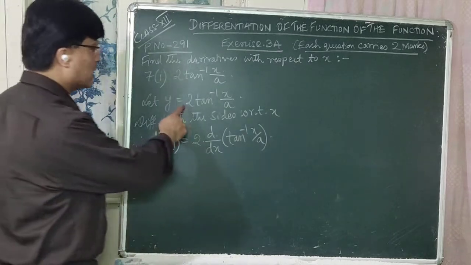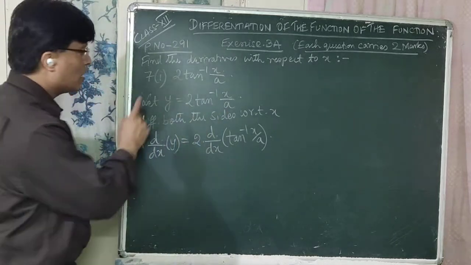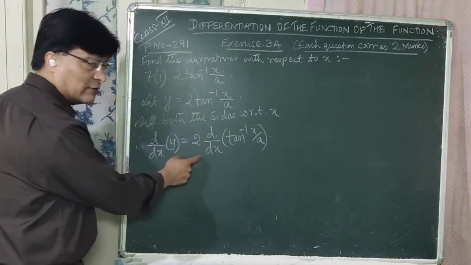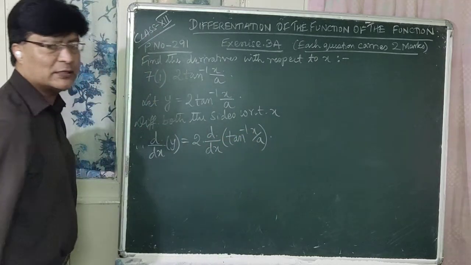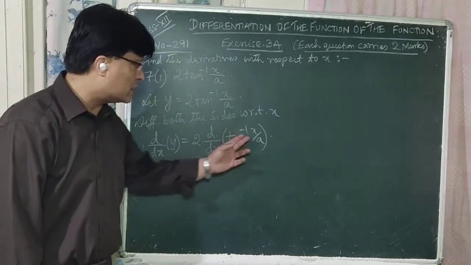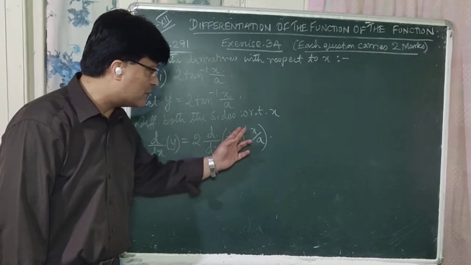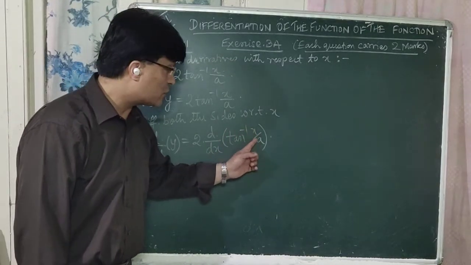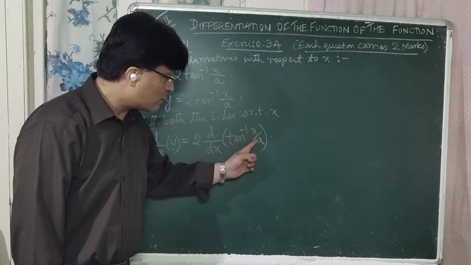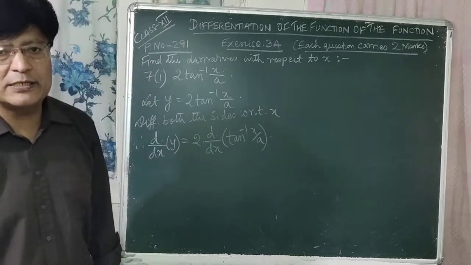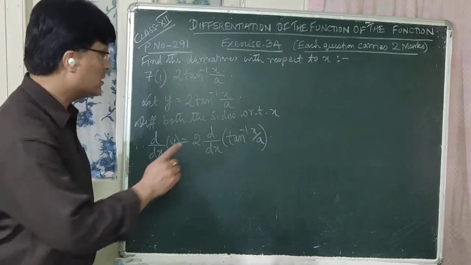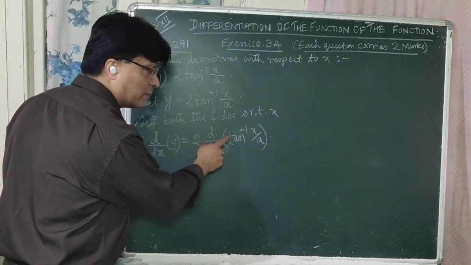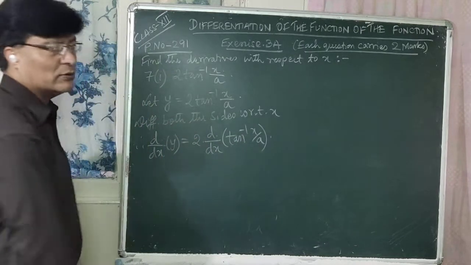Here 2 and a are constant, but 2 is written outside d by dx, so it is tan inverse x upon a, but you cannot separate this x by a. It is the inverse circular function tan inverse x upon a, and 1 upon a cannot be separated from it. That means you cannot simplify it further, right? That means you have to get the differentiation of tan inverse x by a with respect to x.